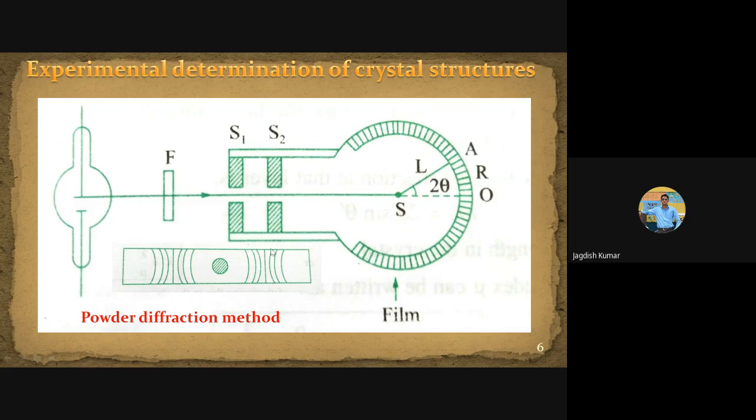Why are there these circular features? I hope you remember the Laue interpretation or Laue equation. What we observe because of powder diffraction is not at a specific angle; we should actually observe a full circular pattern, a cone, so there will be a peak along the surface of the cone.